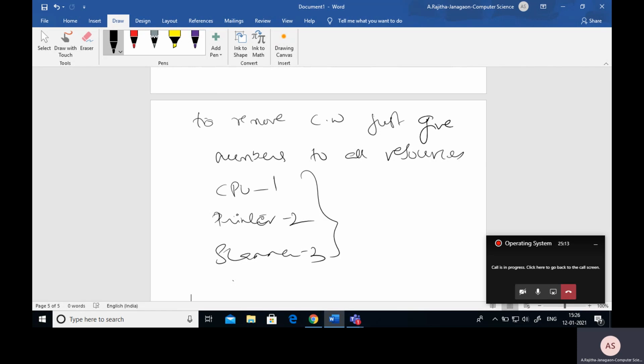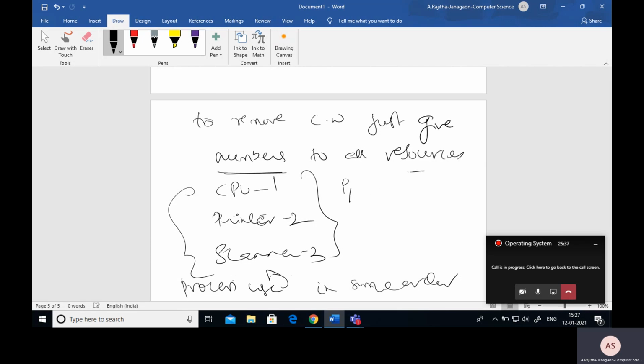So that the process can request the resources in some order. What is the usage of these numbers? That means a process can use these resources based on some number, in some order. Suppose for example P1 is some process.